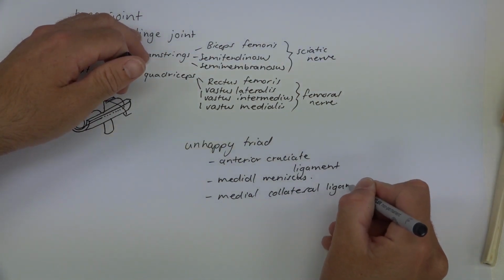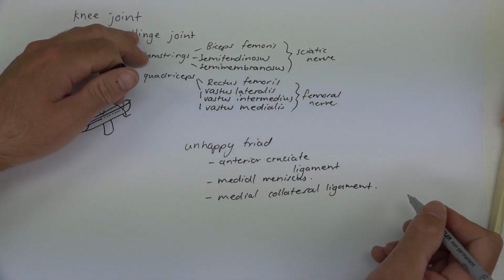So these three things together are the unhappy triad of the knee.